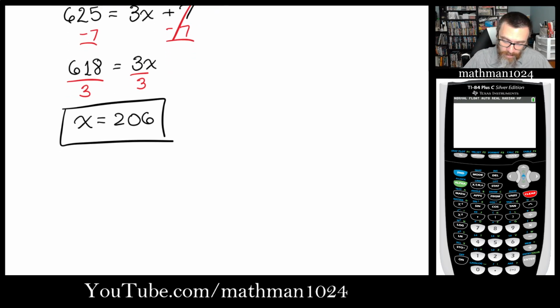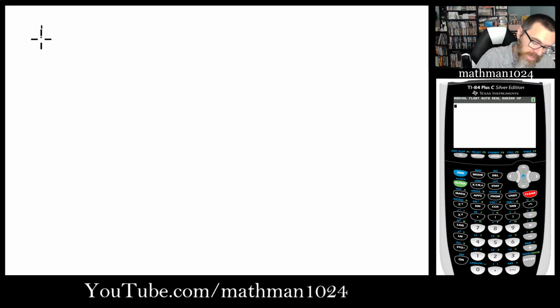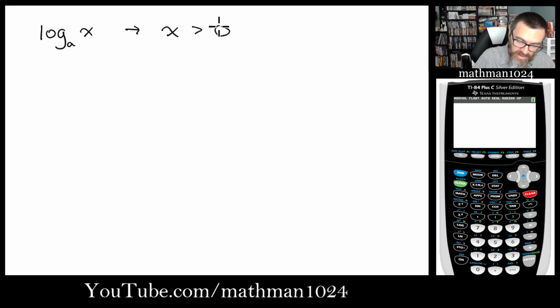Now, one of the things you need to remember, though, is that when you have something like this, log base a of x, x has to be greater than 0. Okay? The domain for a logarithm is 0 to infinity, not including 0. So whatever the expression is inside here, it has to be greater than 0.